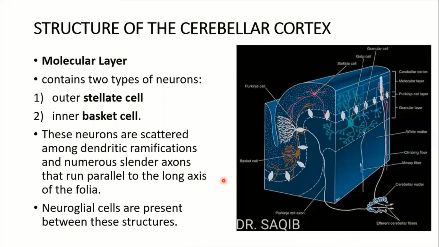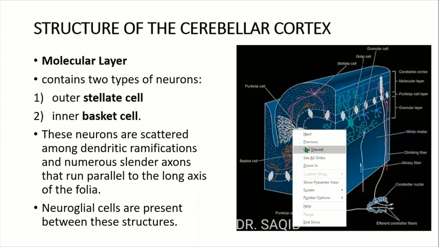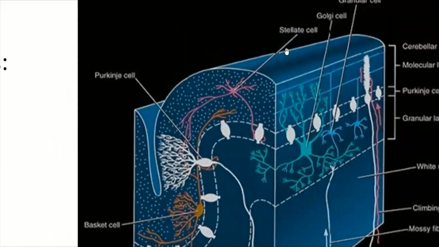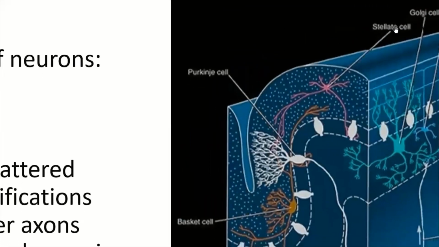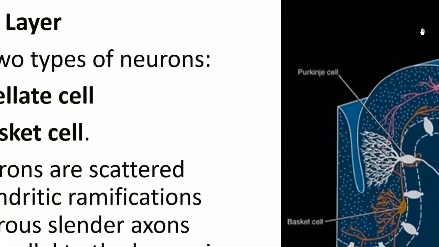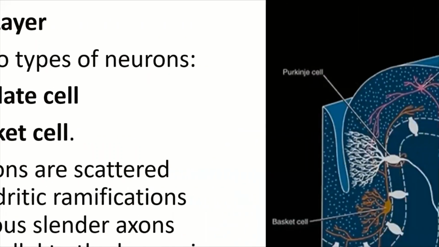So let's discuss these layers one by one. The molecular layer contains two types of neurons, the outer stellate cell and the inner basket cell. Let me zoom in for you. Here you see first the stellate cell, and the other is the basket cell.